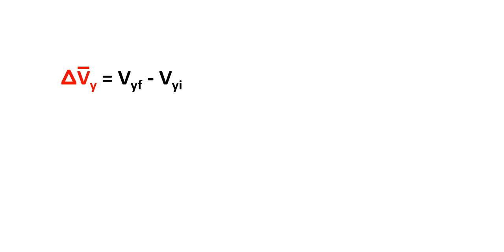I should say the subscript y there, so y referring to the y-axis on a graph, so y up and down on a graph, x across a graph. So if it's up and down, then y represents vertical. So the equation reads change in average vertical velocity is equal to the final vertical velocity minus the initial vertical velocity.